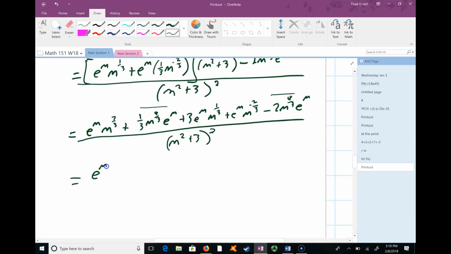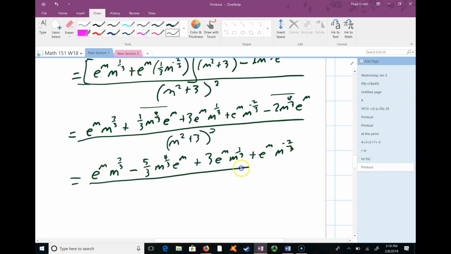So I'm going to have e to the m to the 7/3, and those guys are going to combine to give me negative, let's see, that's 6/3 minus 1, so that'd be negative 5/3 m to the 4/3 e to the m plus 3 e to the m to the 1/3 plus e to the m to the negative 2/3. Whole thing over m squared plus 3 squared.